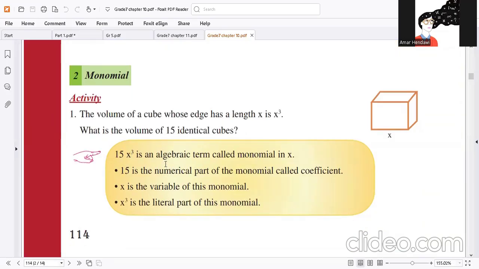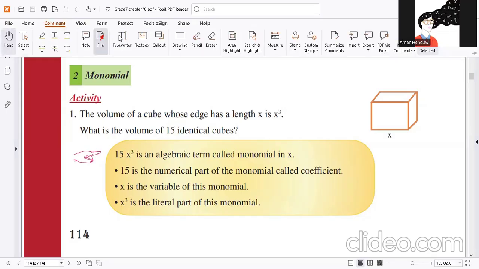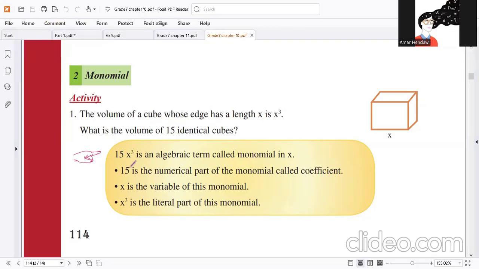15x cubed is an algebraic term called monomial in x. This number 15 is the numerical part of the monomial called coefficient.